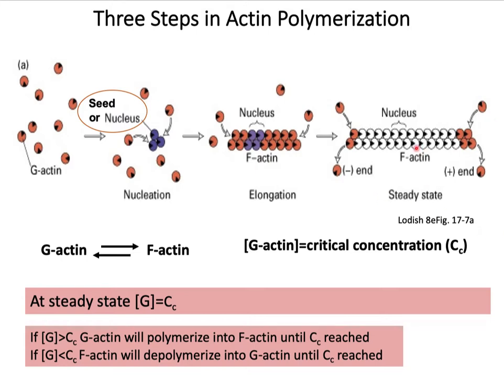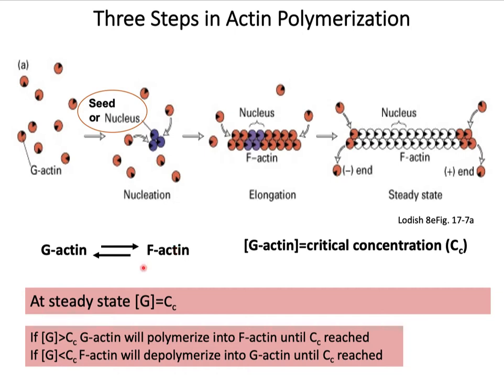Now, steady state happens at a certain G-actin concentration, and this G-actin concentration is known as the critical concentration. It is the concentration of G-actin monomers at steady state that is known as the critical concentration.